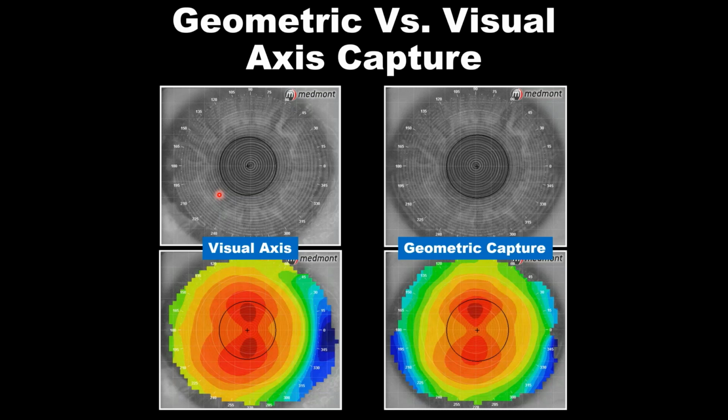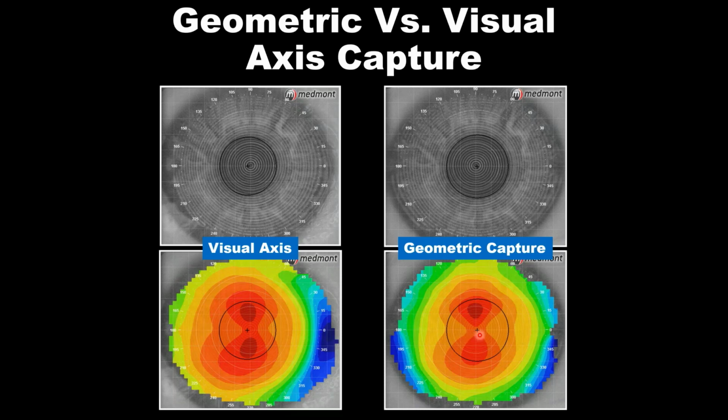Now, once you have your visual axis capture, you know what the patient is actually looking through when they fixate. However, when you have the geometric capture, you understand if the eye has any natural displacement. As an example, you'd look at the visual axis capture and say the cap of the cornea, the yellow-green border, looks like it's pulled to the temporal side.